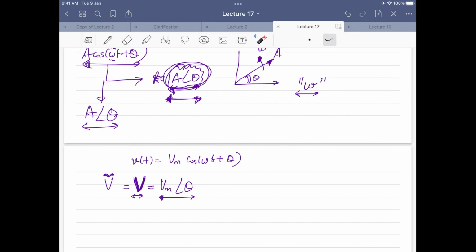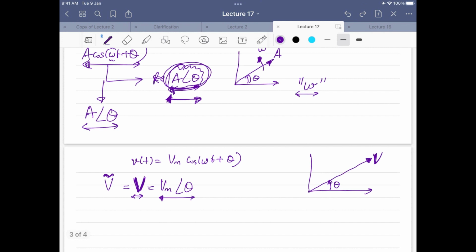This is nothing but the vector having angle theta, which it makes from the x-axis, and the rotation frequency, how fast it is rotating, is omega. We do not use omega to represent this vector because we already know the value of omega, and the same omega will remain throughout. So we do not represent this vector by any representation of omega, and this is actually your V.